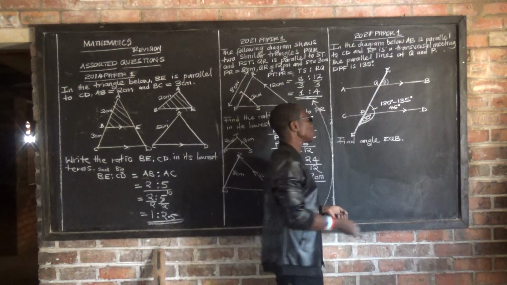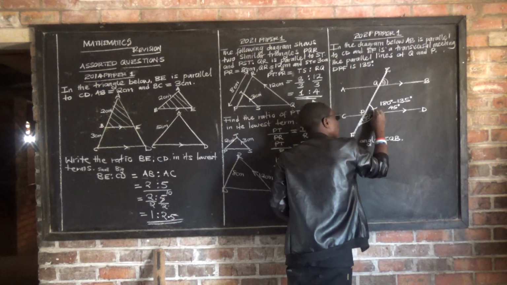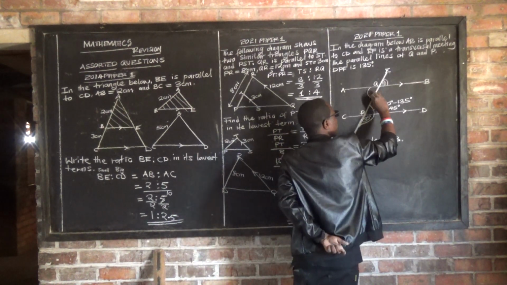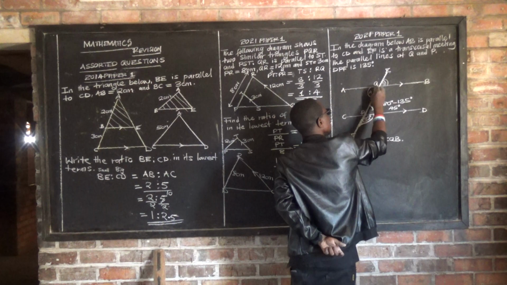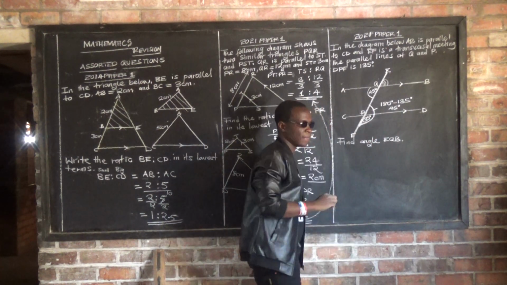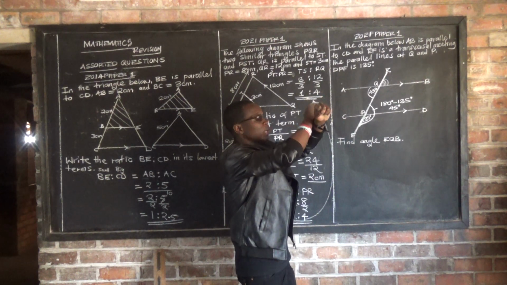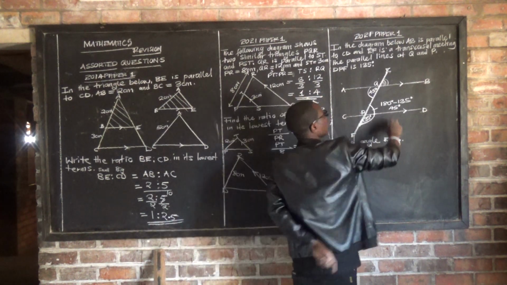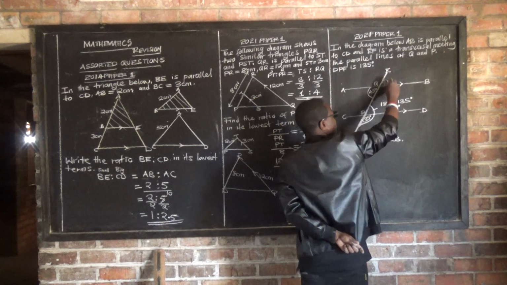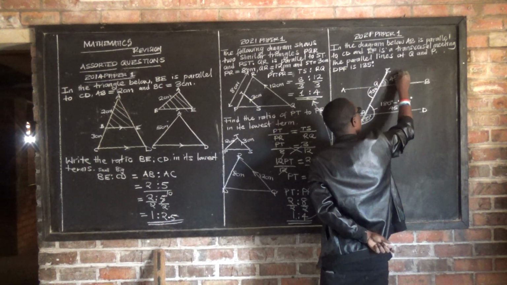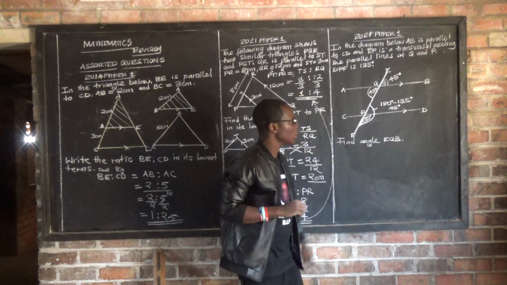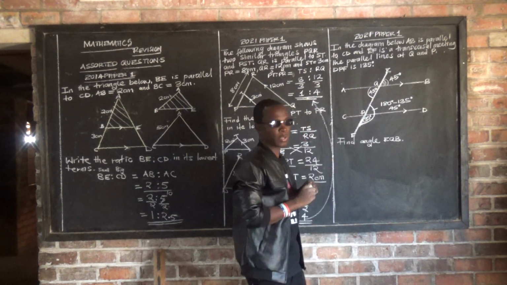So if this is 45, this one also becomes 45. Then there is a property which says vertically opposite angles are equal. So if this is 45, this one is also 45. Vertically opposite angles are equal. 45, 45. Are we together?